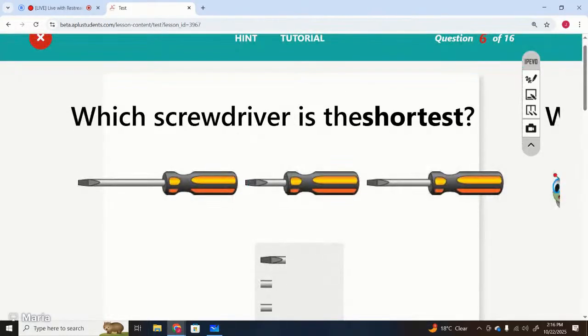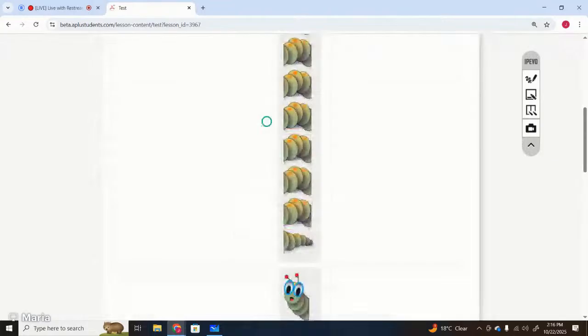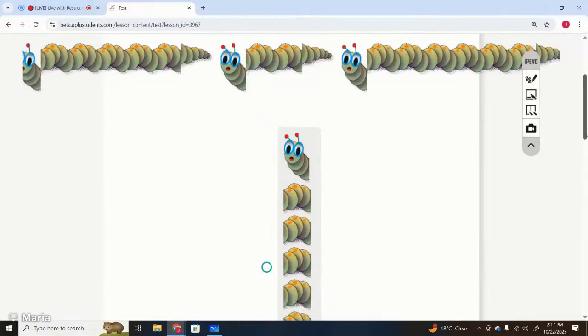Which screwdriver is the shortest? Option number two is the correct option. Which caterpillar is the longest?